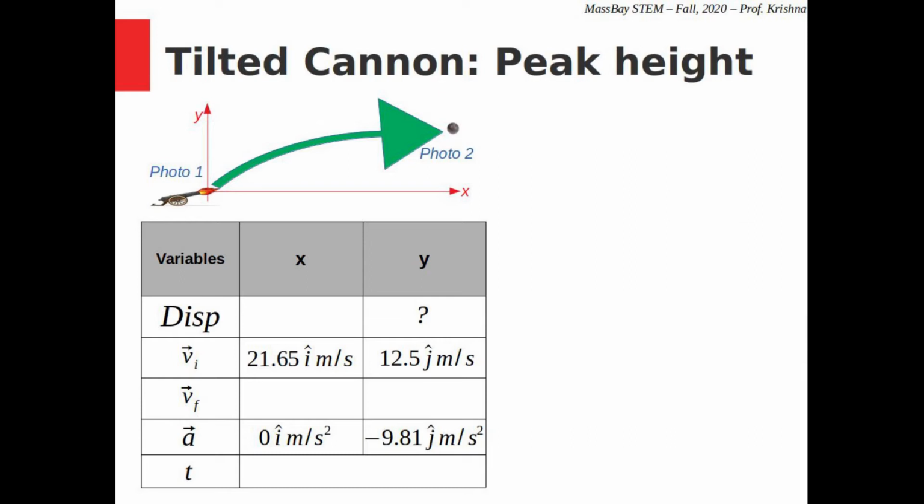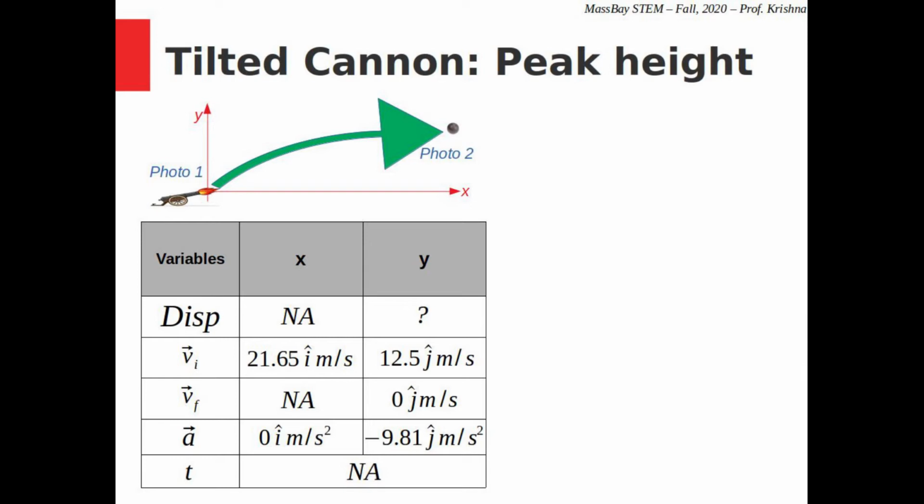And there's one final piece of information that is implicit. In 1D kinematics, at the peak of motion, the object has to change direction, which means at the peak, the vertical velocity is 0. We now have three pieces of information in the y direction.